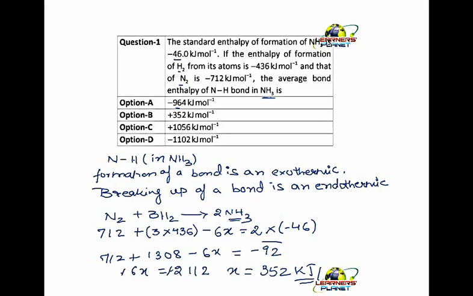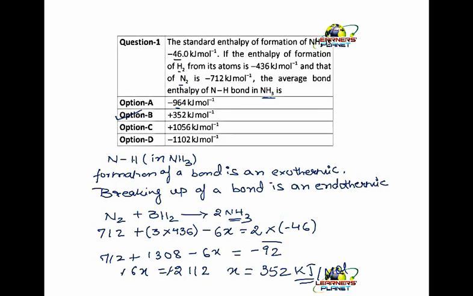So the bond energy of the NH bond in ammonia is 352 kilojoule per mole. You can find it for 1 mole of ammonia also. Then it would be 3x over here, with 1 by 3 and 1.